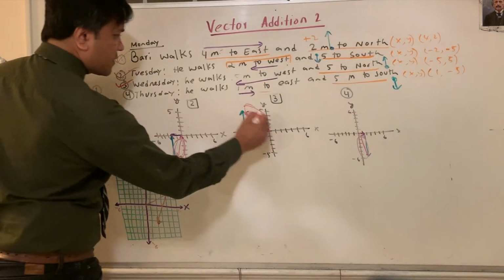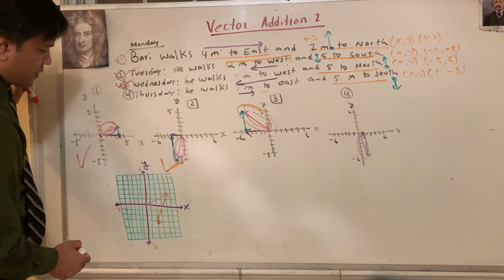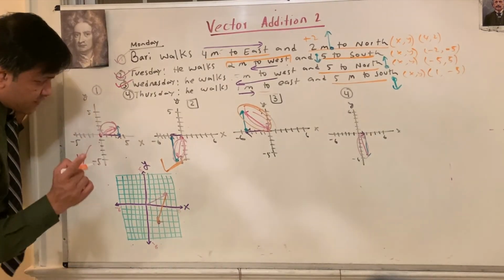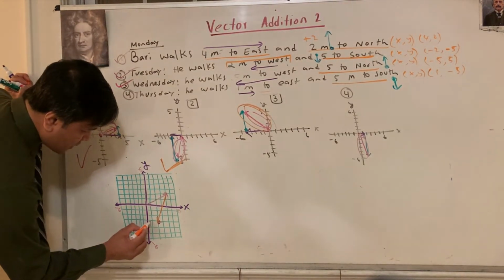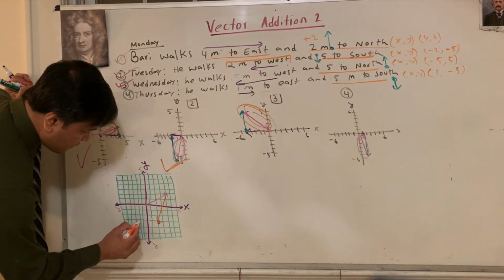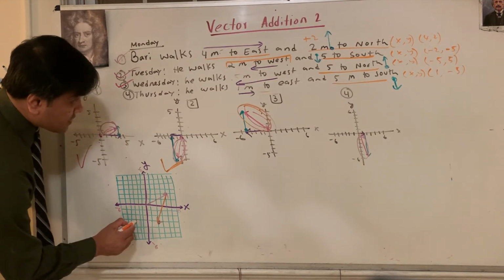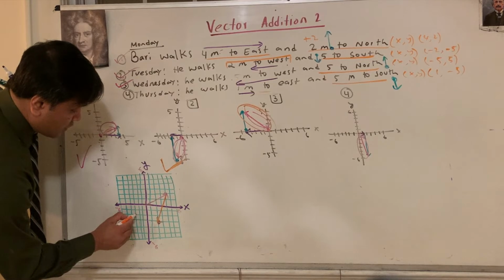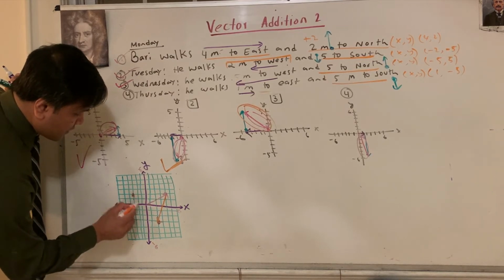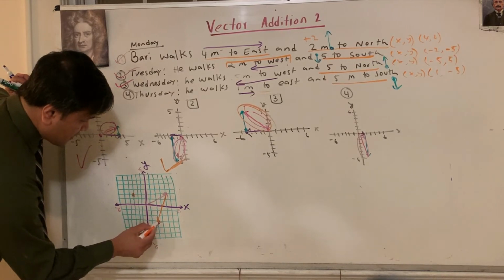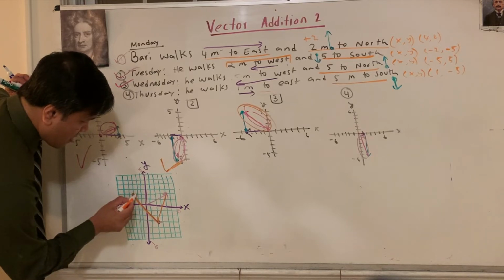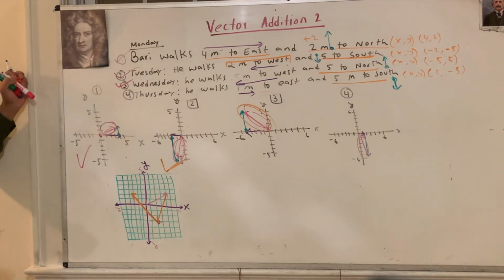Now you're going to draw this one. This one is -5, 5. So -5 is the x direction. So 1, 2, 3, 4, 5. And the positive 5 in the y direction. 1, 2, 3, 4, 5. Alright, we're done with this one.